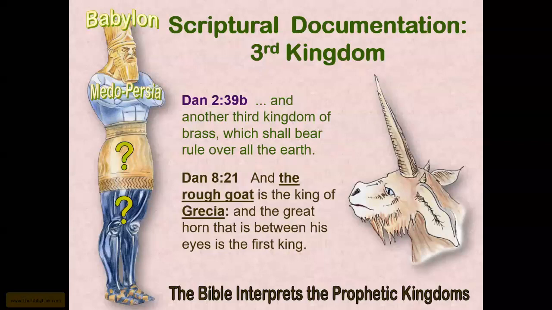Okay, so the angel Gabriel also interprets for Daniel the third kingdom of Greece as the goat with a symbolic notable horn. This aligns with the brass belly of the image, and history agrees. These first 3 visions give a few examples of how the Bible interprets symbols.